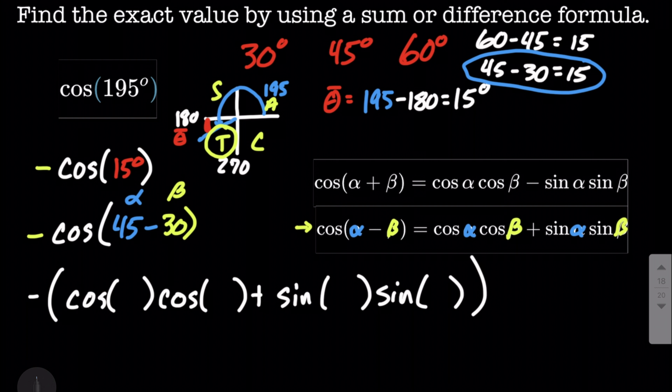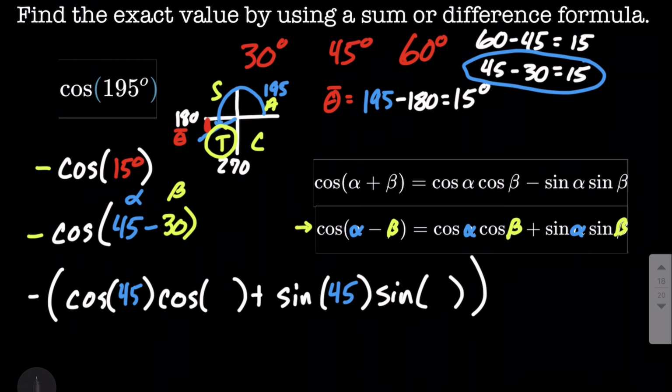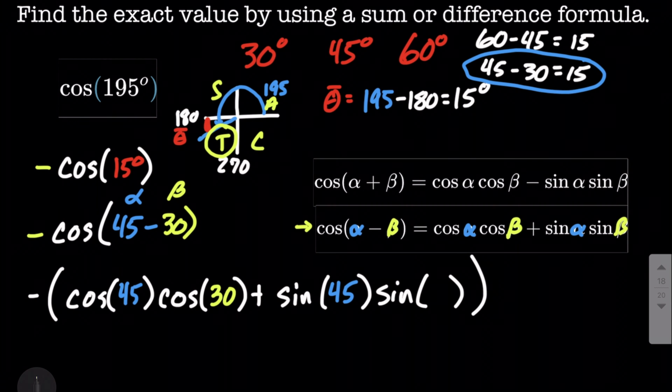Remember our filling in, wherever we saw an alpha, 45 is going to go there, 45 is going to go here. I'm not writing my degree symbol along the way, but this is in degrees the whole way through. All right, betas are going to get replaced with 30s. So there we had a 30, and another 30 goes here. So we fill in the right-hand side of the formula, replacing each of the alphas with 45 and betas with 30 degrees.